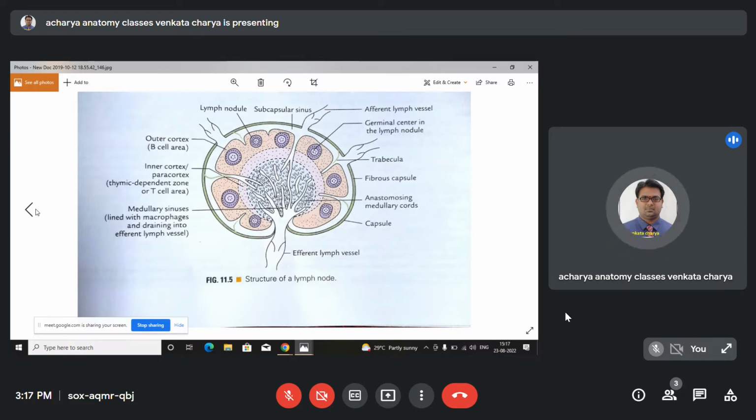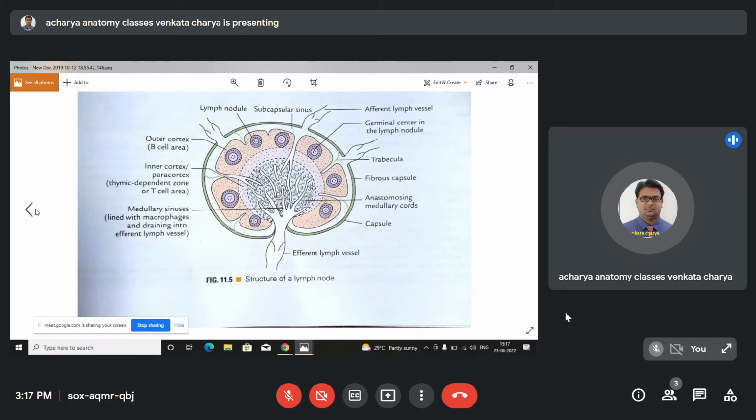In the cortex we get the lymph nodules. Lymph nodules are present here. Peripherally, fully matured lymphocytes are present. Are you getting?